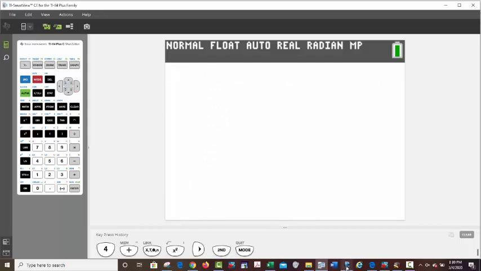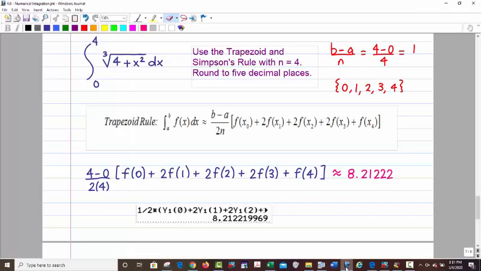So here we go. I know the progression was, so it's 1/2 in front.